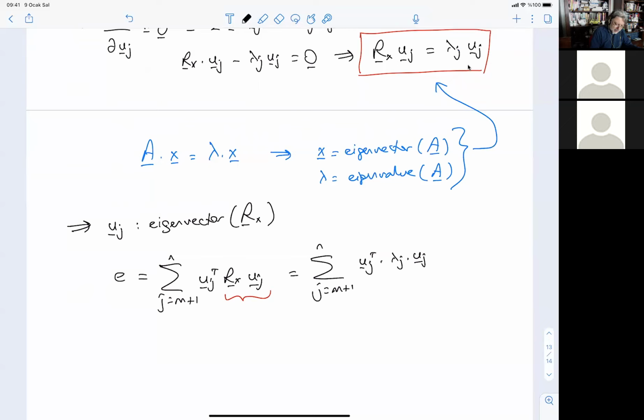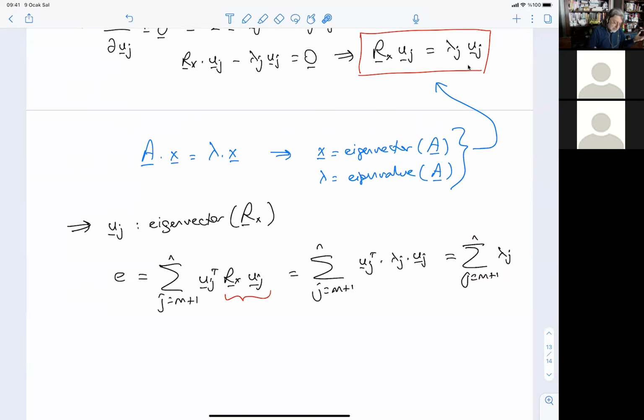And here lambda j is just a scalar that can be taken from in between these two vectors to here. So it makes lambda j times Uj transpose times Uj. And Uj transpose Uj is 1 because they are orthonormal. So this will be simply the summation from m+1 to n of lambda j. So the error is the summation of lambda j, j from m+1 to n.